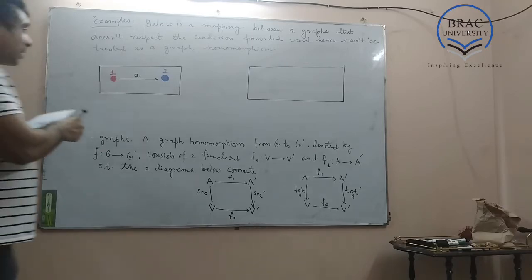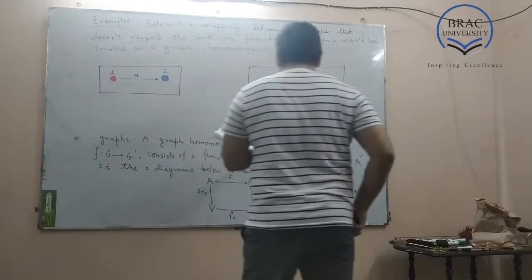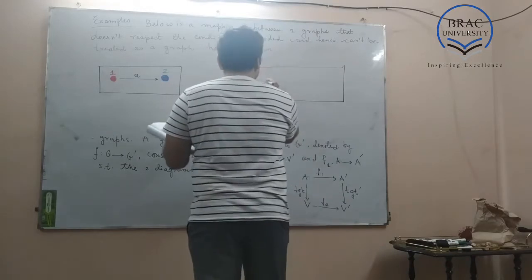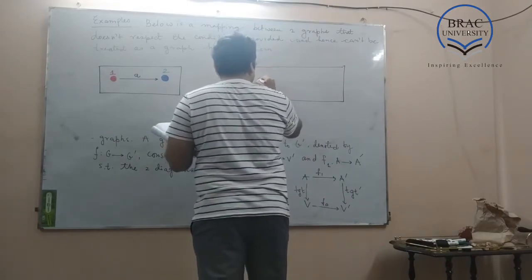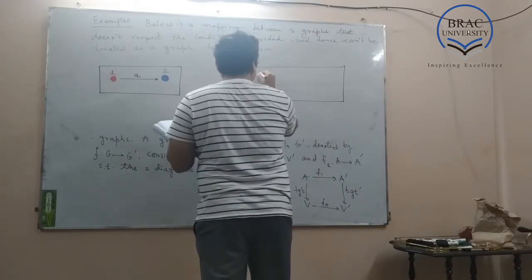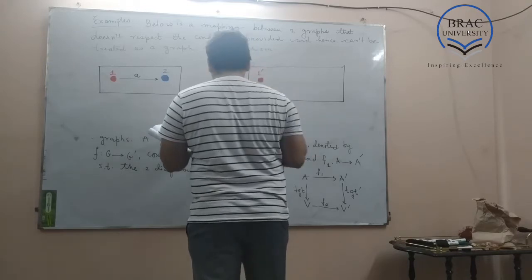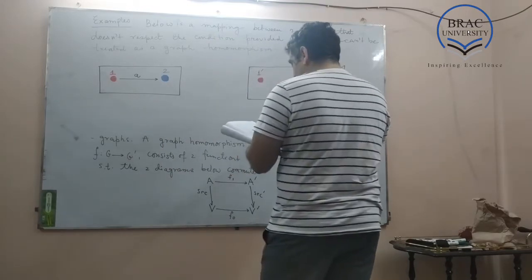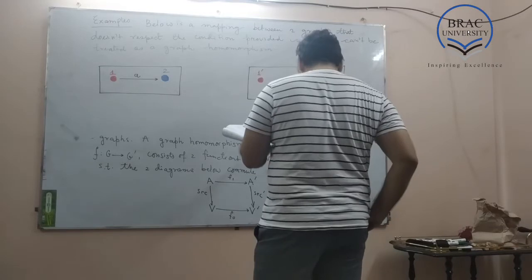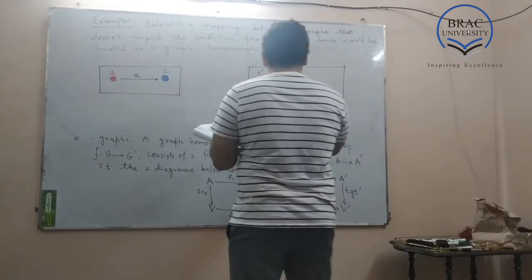And there is another graph on the right. One vertex is 1 prime. So there are 3 vertices here. 2 prime.